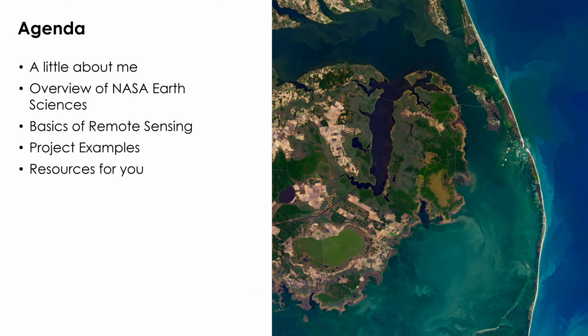And then I'm going to get a little geeky with you all, and talk a little bit about the basics of remote sensing, just so you get a feel and an understanding of how it all works.